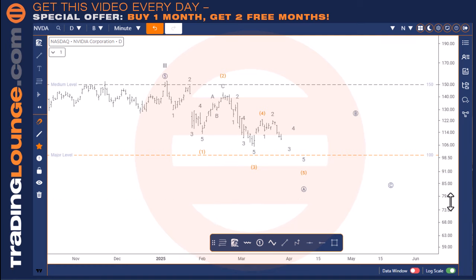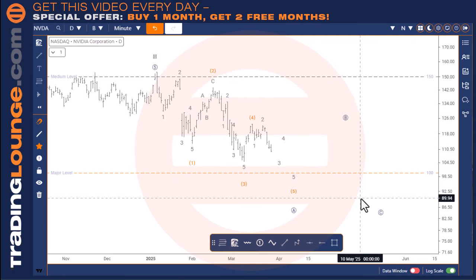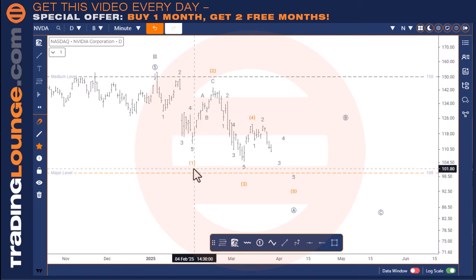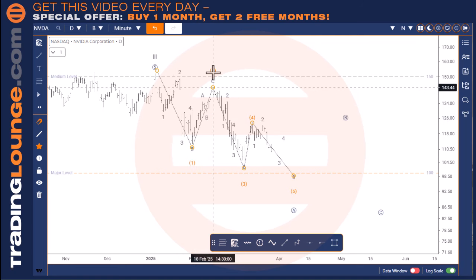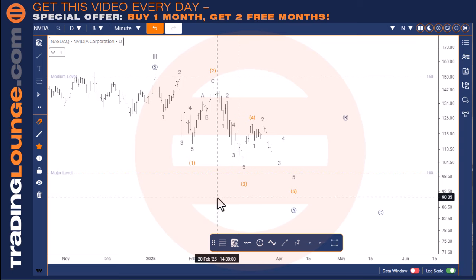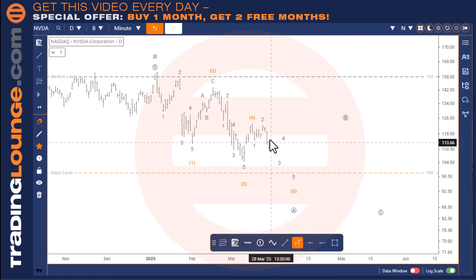But in the meantime, what I could say about this particular market is we're definitely going to see it under the 100, but we're also going to see a bounce on the 100. From the top here, I've got 1, 2, 3, 4, 5 for 1, and then back for 2 here, and then we've got 5 waves down here. So I could call it an ABC correction here, or even a WXY as well. It could get rather complicated, but what I've decided to do is to bring it into line with the other markets that are coming down and are going to have a low in place here.